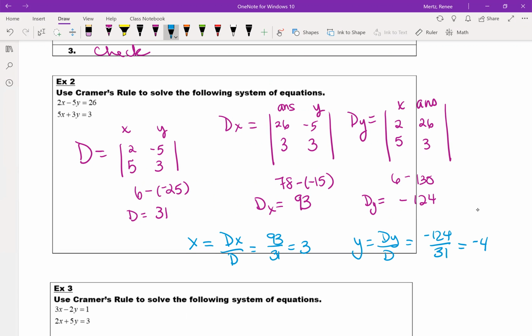Our solution for this is 3, -4. Do a quick check. Pick either equation, it doesn't matter. So 2 times 3 minus 5 times -4, excuse me, is 26. 26 equals 26. Works.